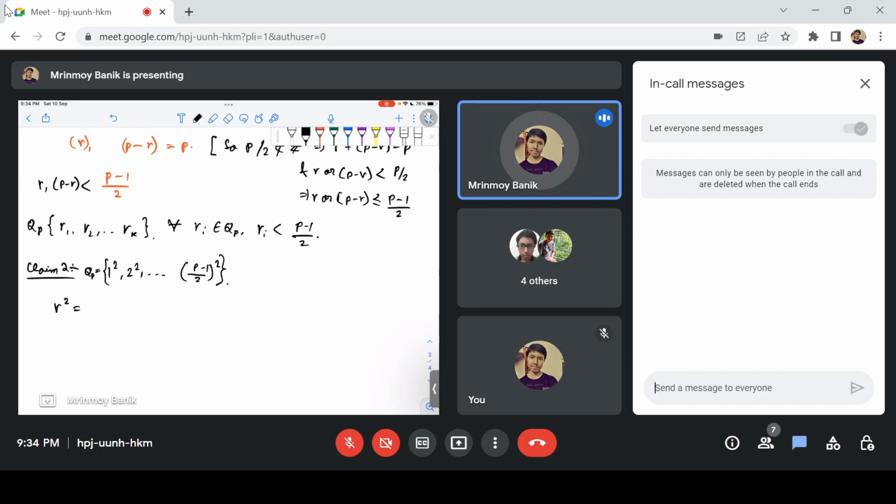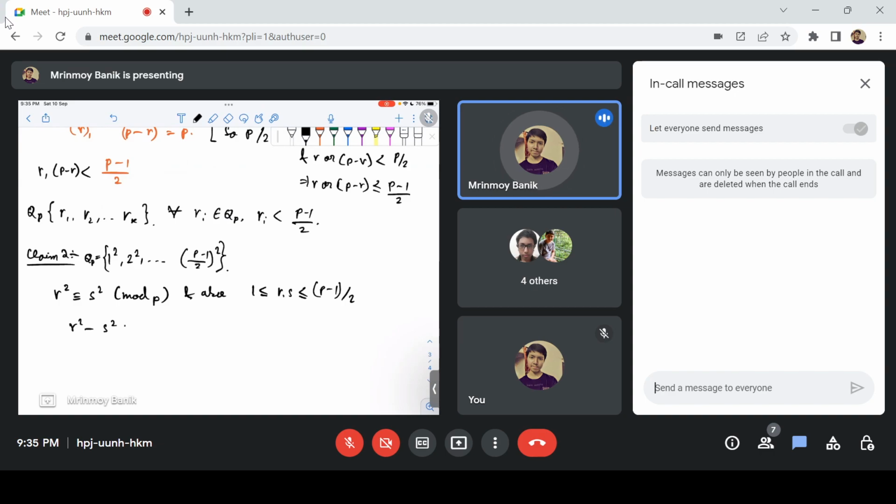Suppose r squared is congruent to s squared mod p. Suppose two perfect squares are congruent to each other modulo p, and also suppose both r and s are less than or equal to p minus 1 by 2.